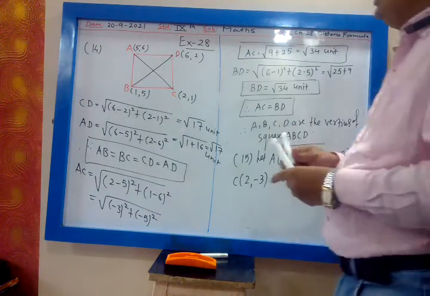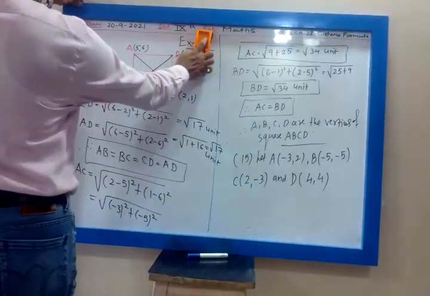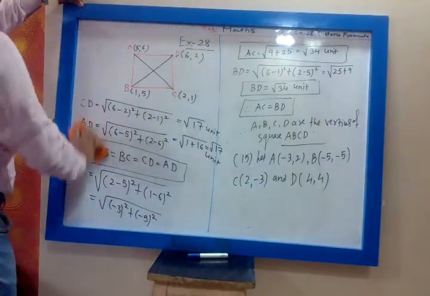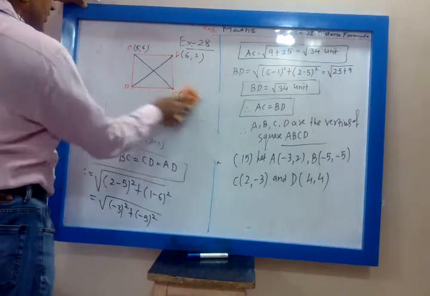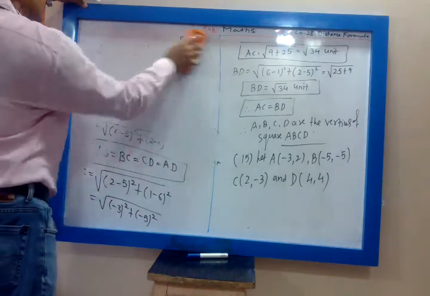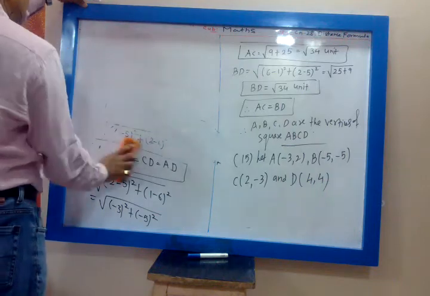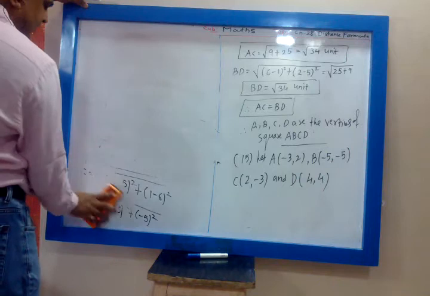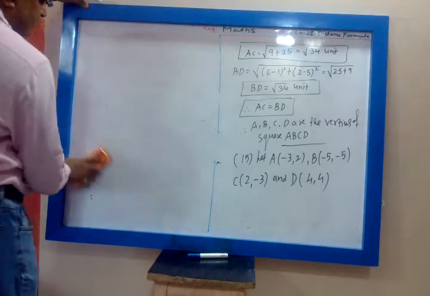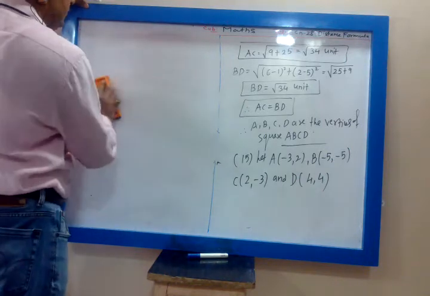Now to show that they are the vertices of rhombus. So properties of rhombus is same as square. So how we show that they are the vertices of rhombus? We show that all the four sides are equal.